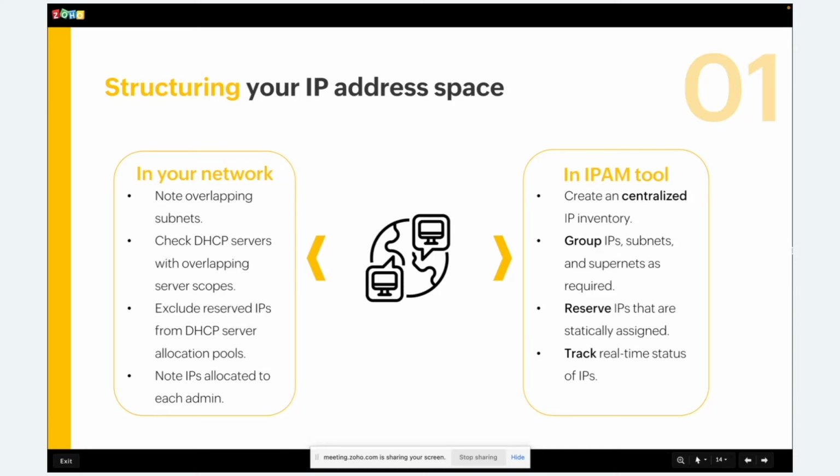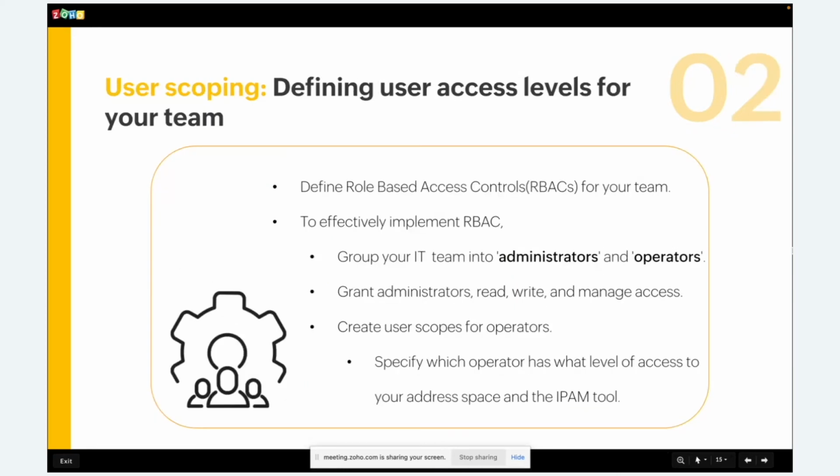So if you know what the overlap is, you are going to put in more effort into monitoring those IPs. And if you're grouping them, if you're reserving them, it makes it much easier to avoid several issues like running out of IPs or issues like IP duplication and so on. So once you have structured your IP address space, we go on to step 2, where we create user scopes so that users have access to only the part of the IP structure they should be accessing.